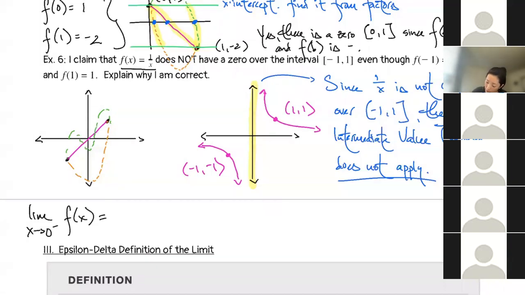How would I find that if I didn't have a graph? Plug in some values close to 0. Exactly. If you have the graph, look at the graph. If you don't, you want to plug in some values close to 0, and specifically, we want to choose numbers that are slightly less than 0. Negative 0.1 is a great example.